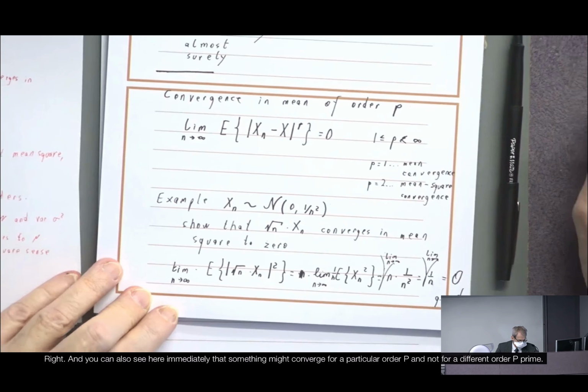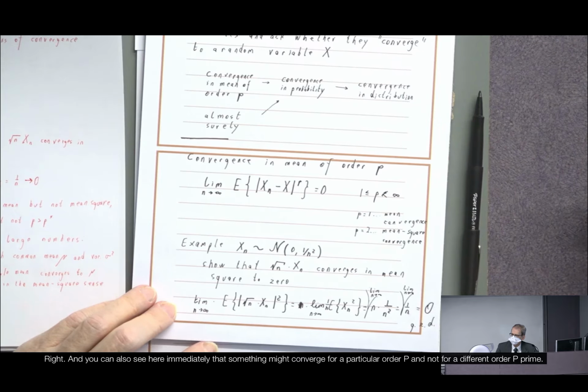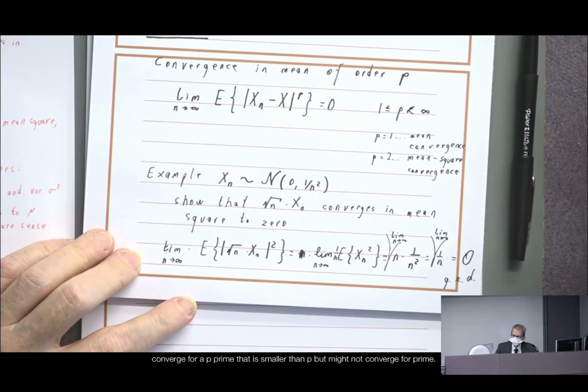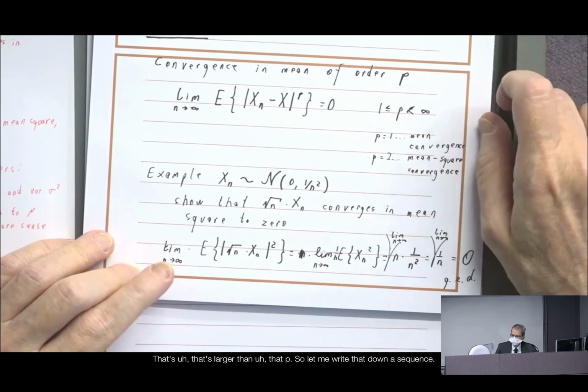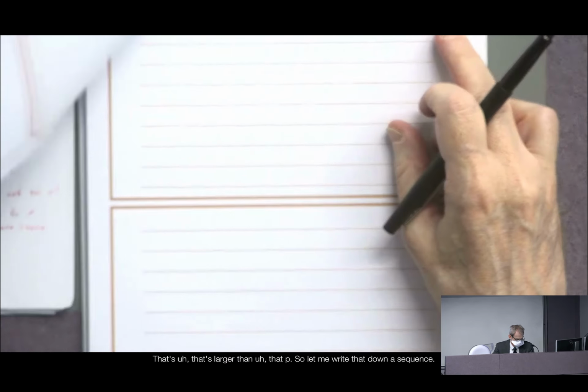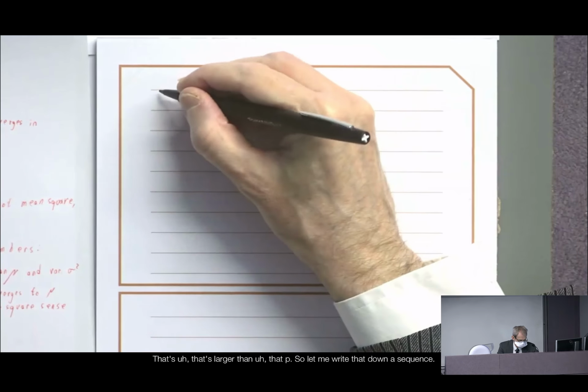And you can also see here immediately that something might converge for a particular order p and not for a different order p prime. Actually, if it converges for a particular p, then it will usually converge for a p prime that is smaller than p, but might not converge for a p prime that's larger than p. So let me also write it down.